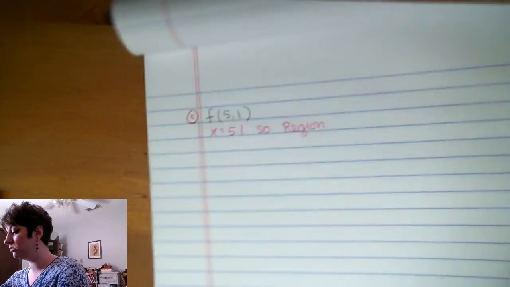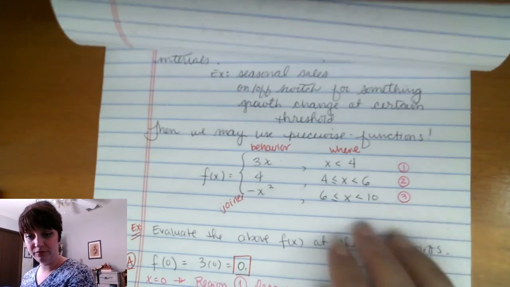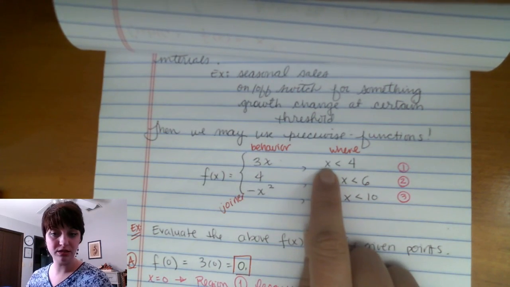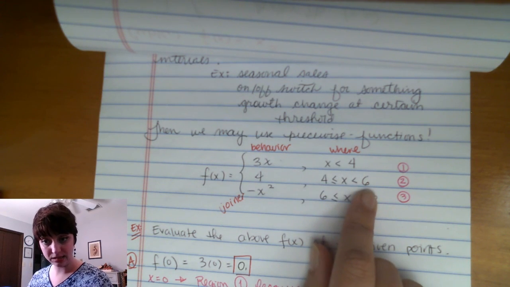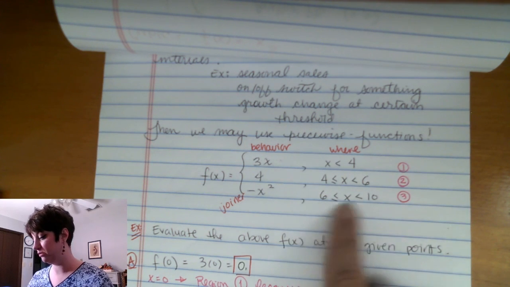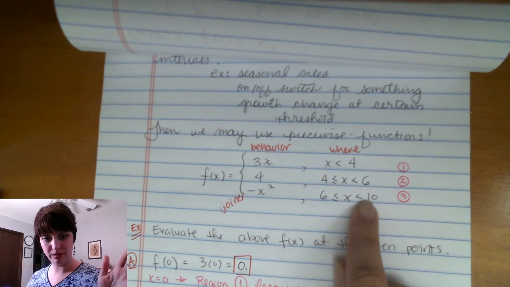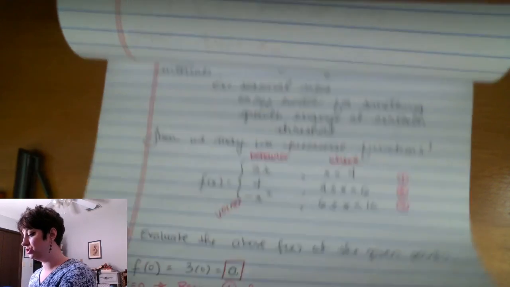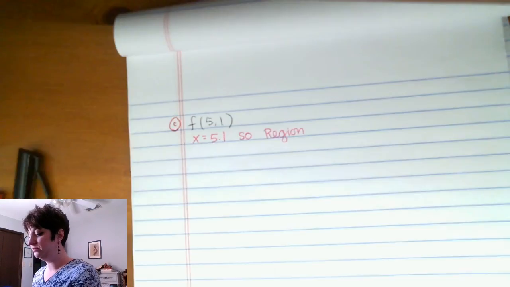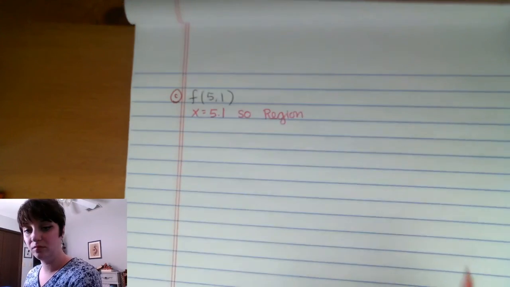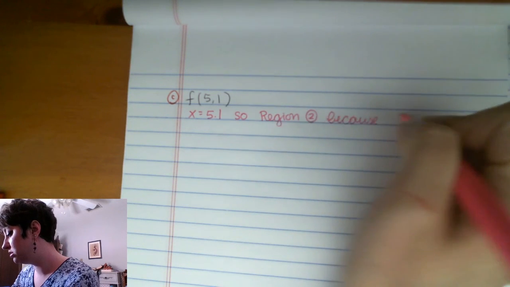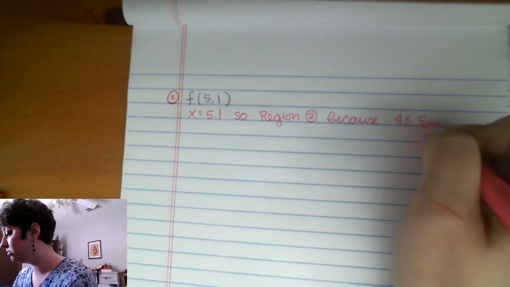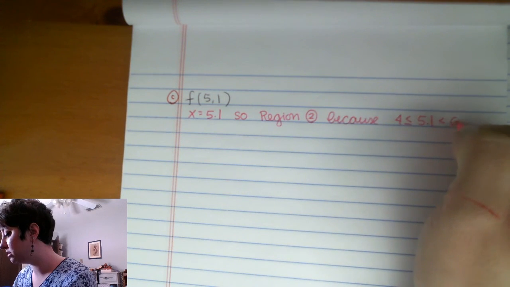I'm going to flip back real quick. It's unfortunate that I had to switch pages. So here's my f. 5.1. Is 5.1 less than 4? No. Is 5.1 between 4 and 6? Yes. So I'm in region 2. Also 5.1 is not between 6 and 10, so I'm not going to be using region 3. So region 2. So I would write region 2 because 4 is less than or equal to 5.1 is less than 6.